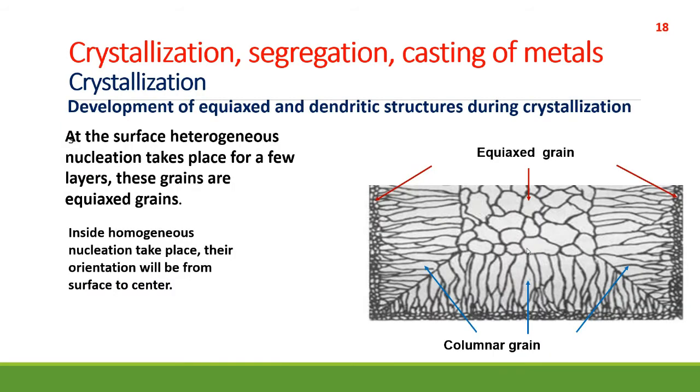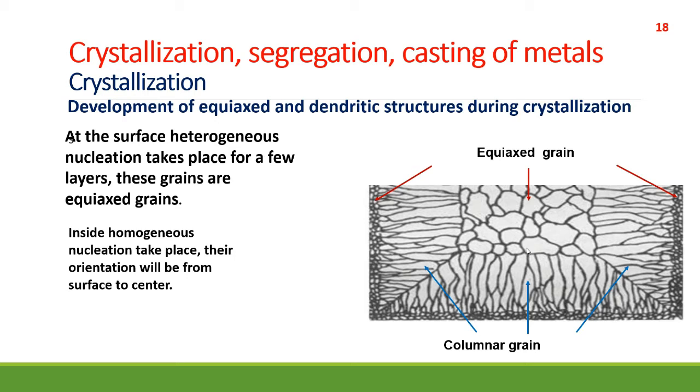So in the next phase we will talk about crystallization. We will talk about different kinds of grains and how they are forming, and what the driving forces are for creation of these grains.